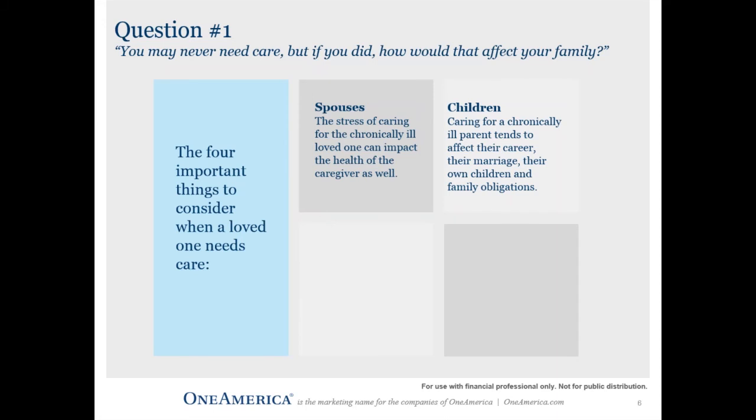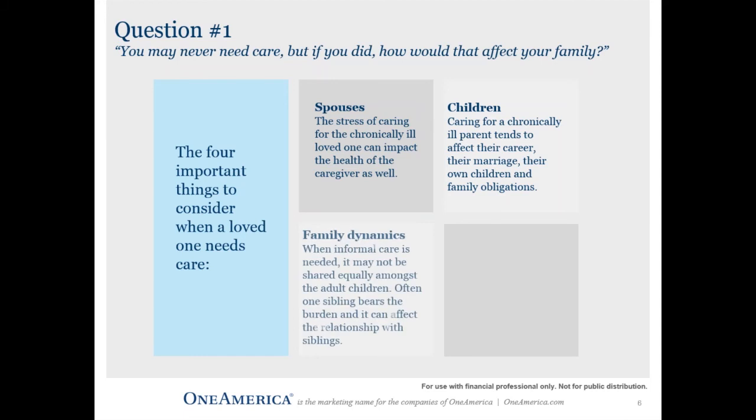The next consequence is this. If you're unprepared for long-term care, you're going to create strife and tension in the family. If there's a family of three children and informal care is needed, odds are really good that they're not going to share that care as thirds.